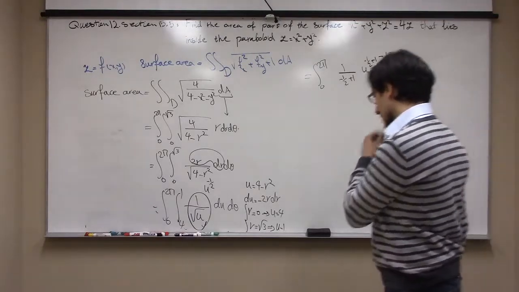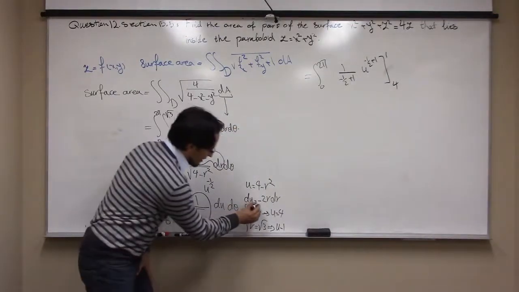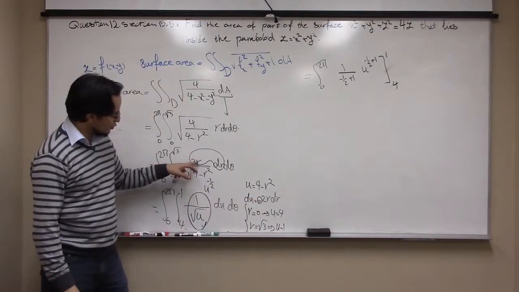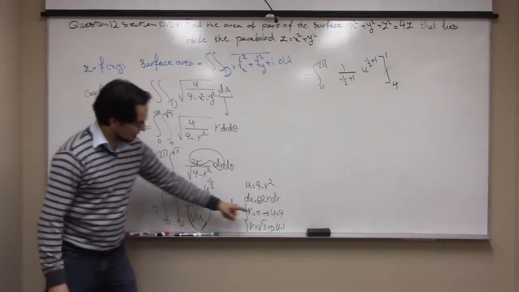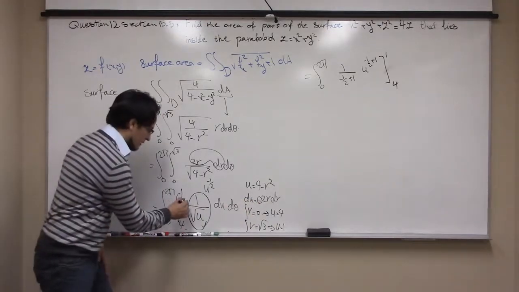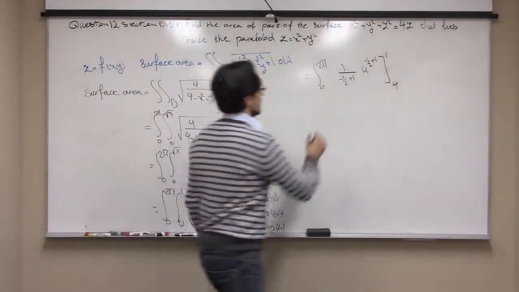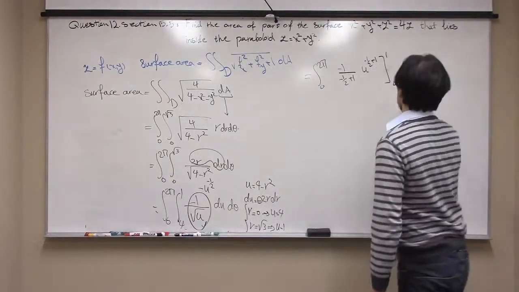Oh, I made a small mistake. Here you see I forgot this small negative sign. I had 2r dr in my integral. I didn't have this minus. I can put that minus somewhere here. Okay, so basically I will have this here, then d theta.